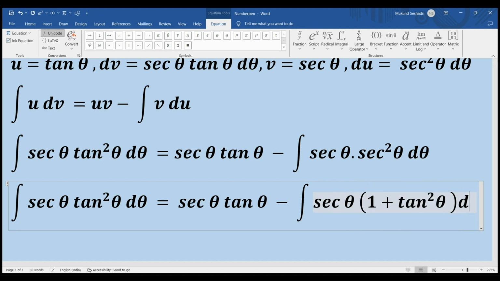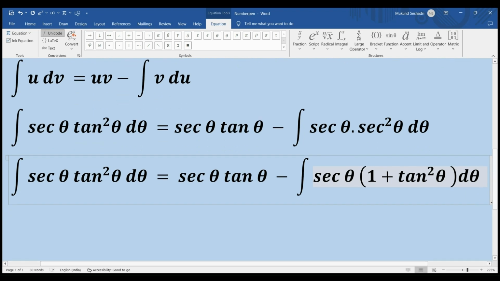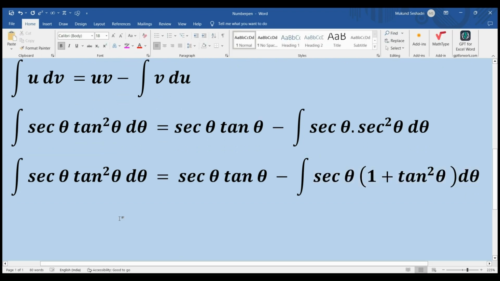Now what we are going to see in the subsequent step will tell you why integral calculus is always super interesting.